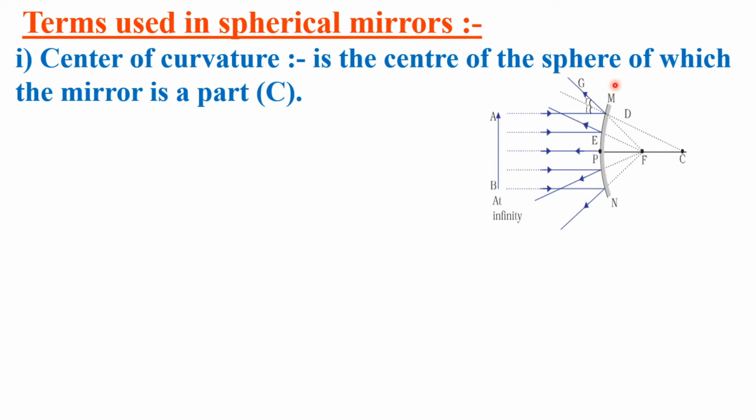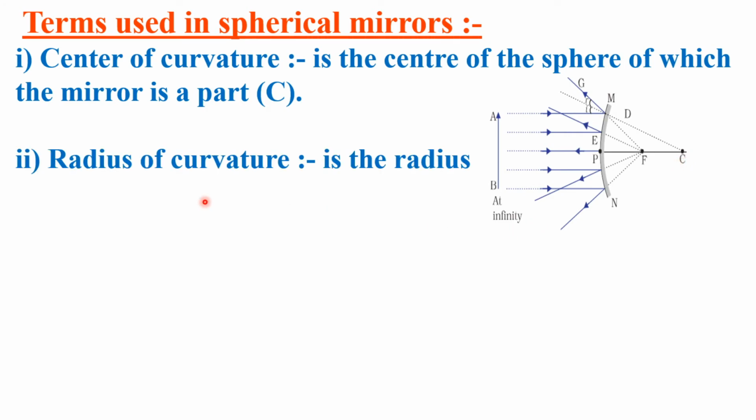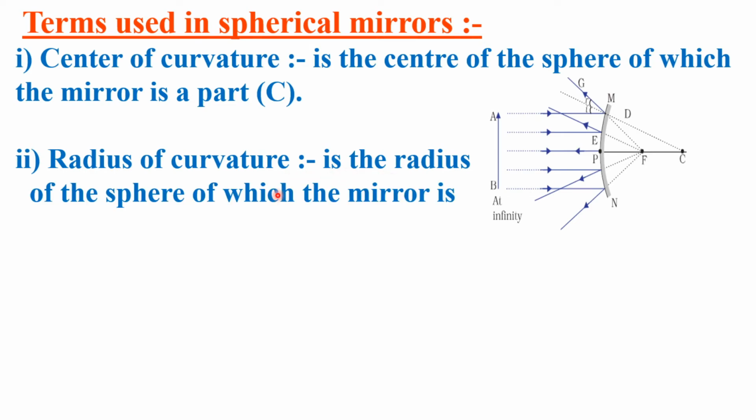And if we had completed the sphere, then this will be the center of the sphere. Next is radius of curvature. It is the radius of sphere of which the mirror is a part. So CP will be what? Radius of the curvature. That means radius of the sphere.